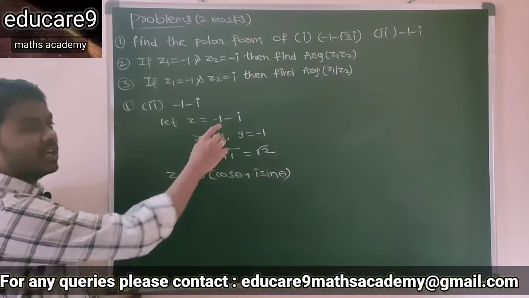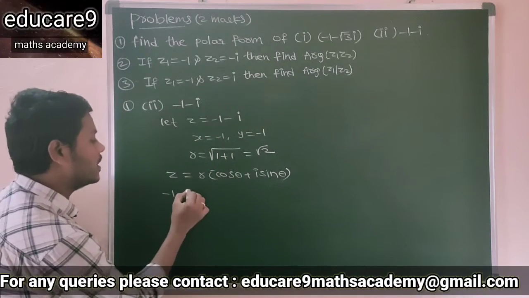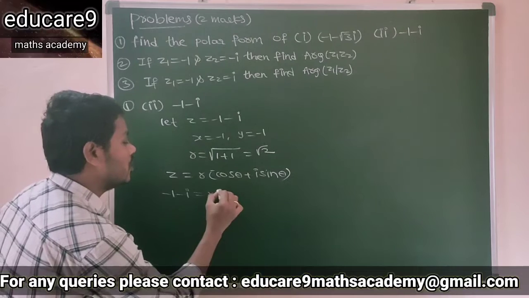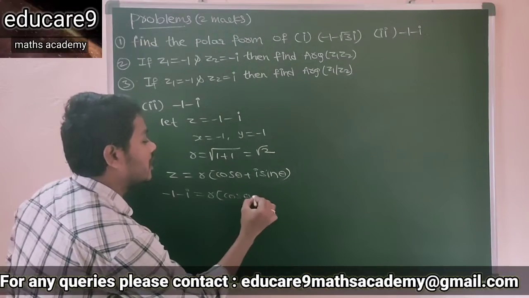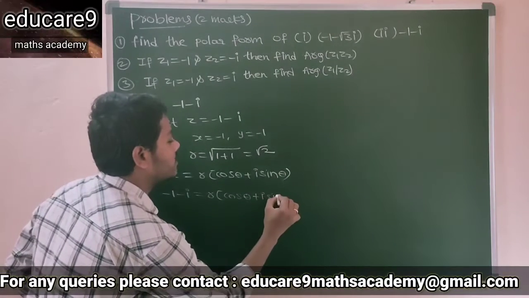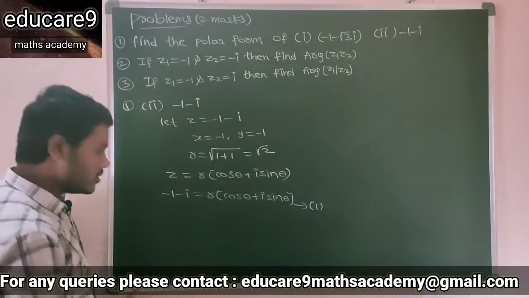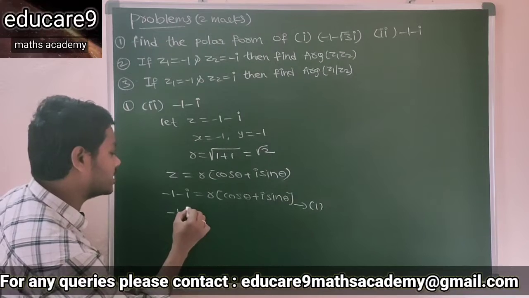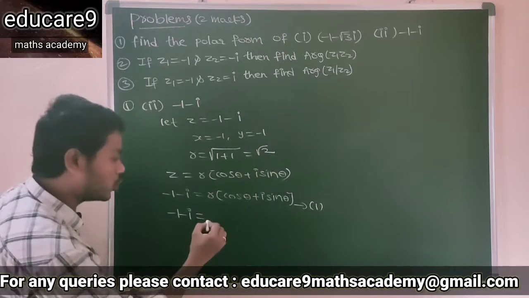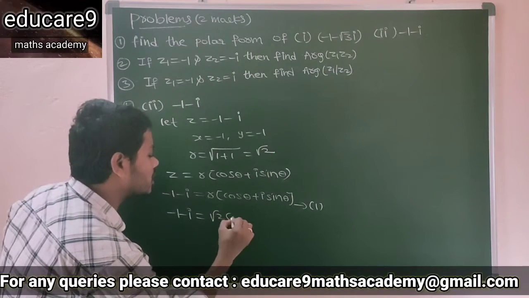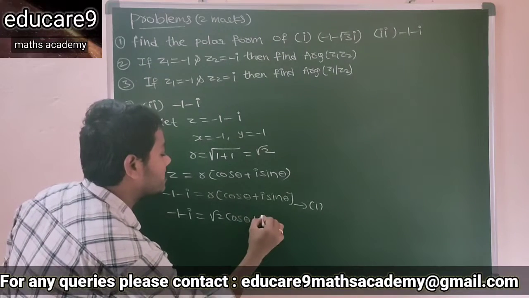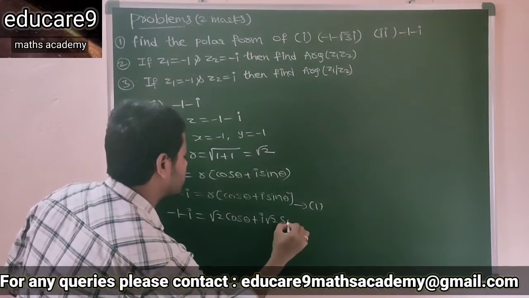So what is the z value? That is -1 minus i is equal to r times cos theta plus i sin theta. So this is equation 1. So now see here, this is -1 minus i is equal to, what is the r value? Root 2. So root 2 cos theta plus i into root 2 sin theta.